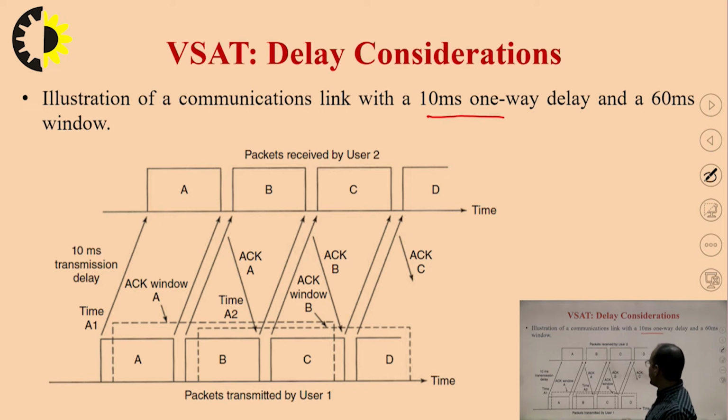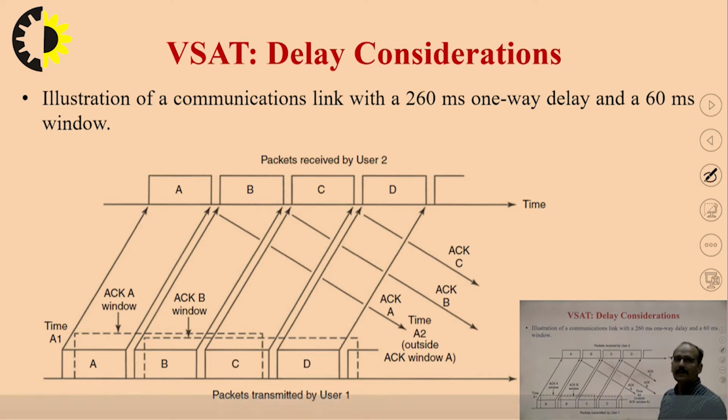Then the acknowledgement of A comes back here, because when the data is received, the receiver sends the acknowledgement. Again this data goes here and this acknowledgement comes back. Similarly, this continues. You can see that the delay is 10 millisecond but the window is 60 millisecond, so there is no interruption in the data.